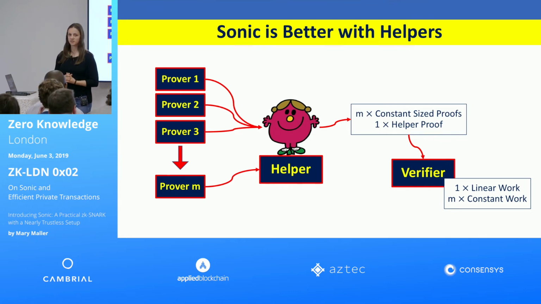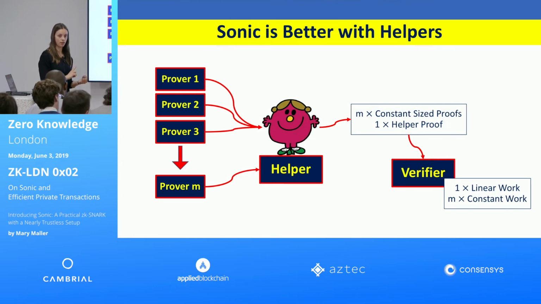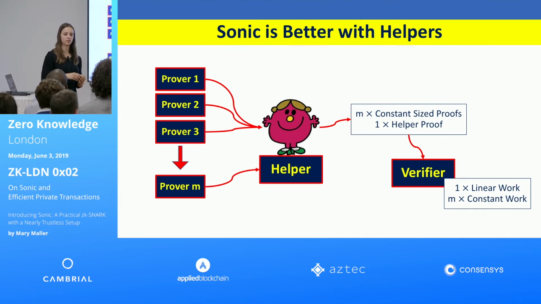So when we do it like this, the verifier does end up with linear work in the field, not in the group, but it does have linear work, but it only has to run the linear work once. And then for all of the other proofs in the batch, it doesn't even have to do a pairing because we can aggregate the pairings as well. It just needs to run a multi-exponentiation, or an exponentiation even.